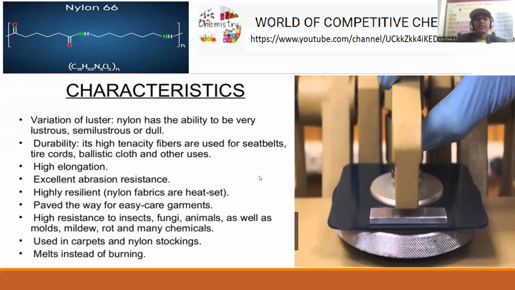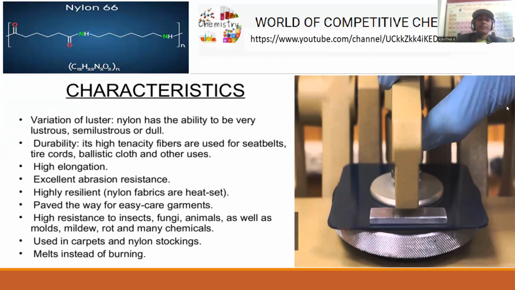Highly resilient: nylon is a heat set material, a heat resistant material. Once it's set into a particular dimension after heating, it will not deform or change its shape, because thermoset plastic, in the sense, whenever it is transformed into a particular dimensional shape, will retain that shape, and durability will be extremely large.